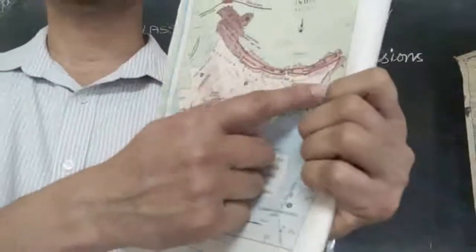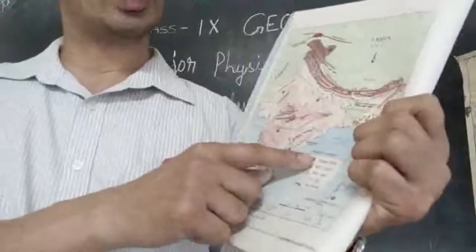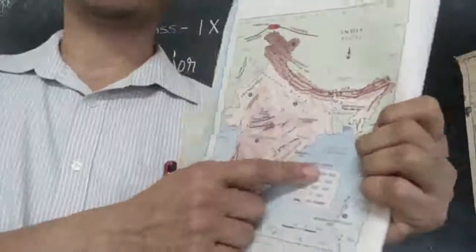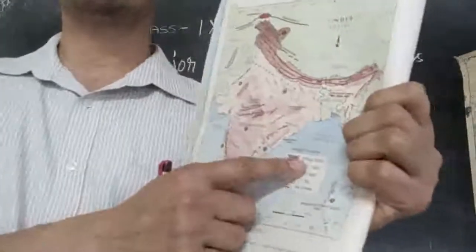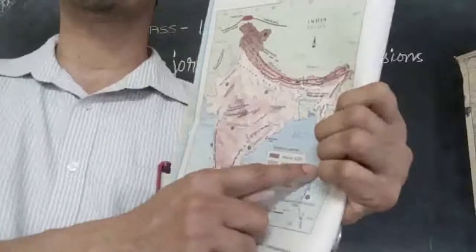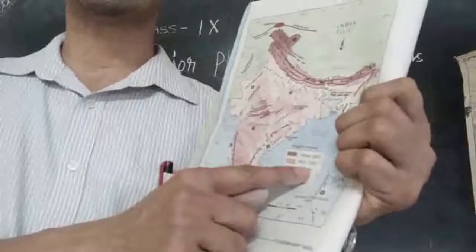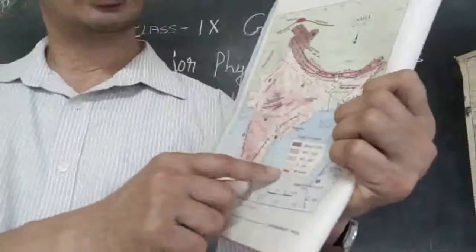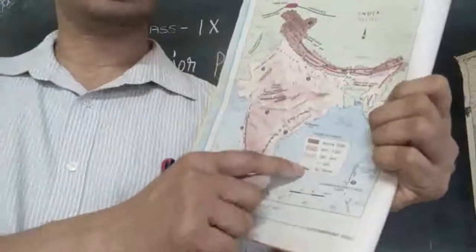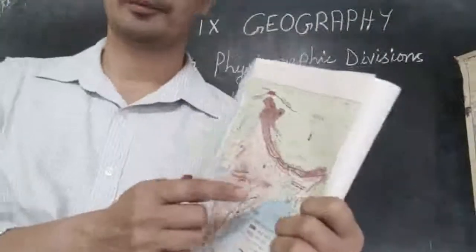The thickest color we will find in the Himalayan mountain area is the highest area, that is above 6,000 meters. Then another, lighter color is there, that is 1,200 to 6,000 meters high. Then other colors are 300 to 600 meters high. Then the other one is below 300 meters. And the lines that are given there are mountain ranges.